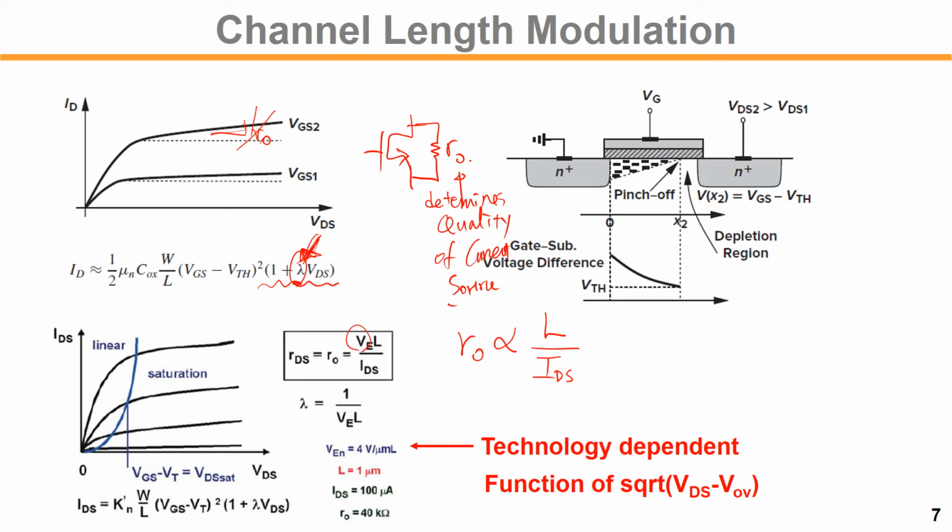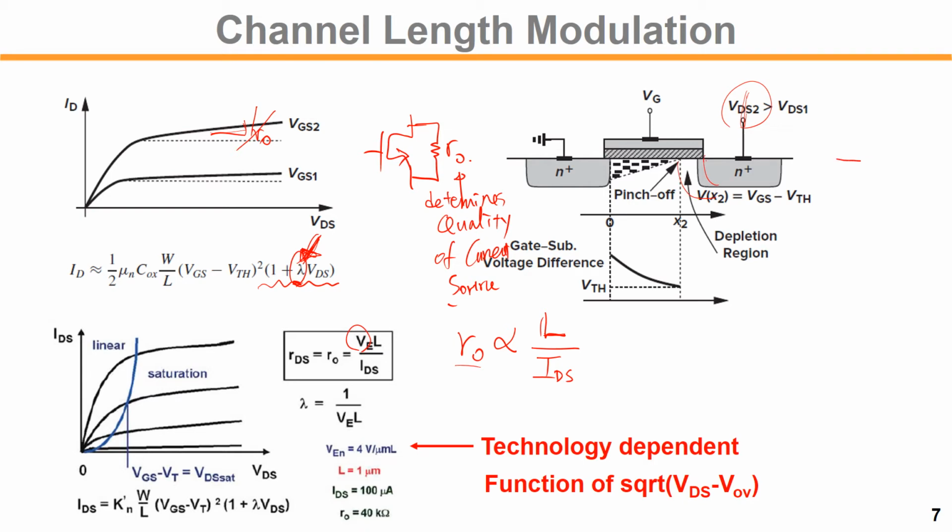Why does a larger L result in a larger RO? We know the physical behavior: when VDS changes, the depletion region goes up and down.